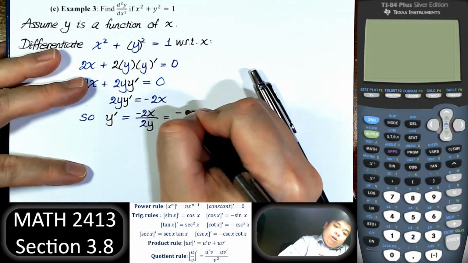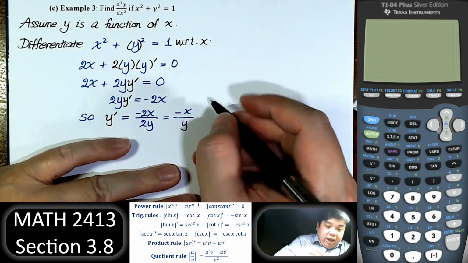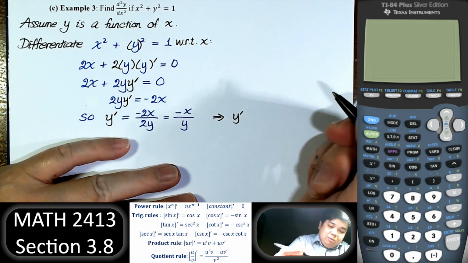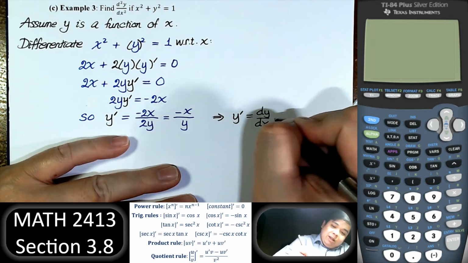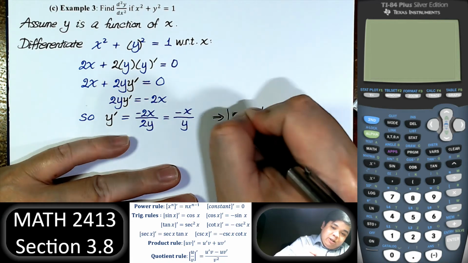Cancel out the 2. So the first derivative, of course we already did this, y prime, or if we want to, dy over dx is equal to negative x over y. So that is the first derivative.